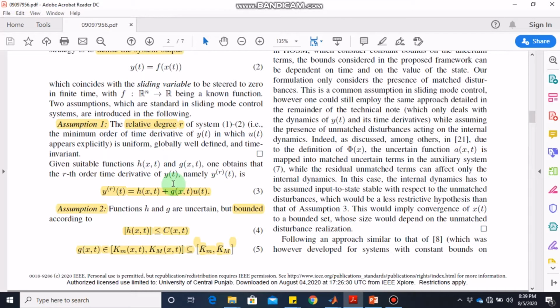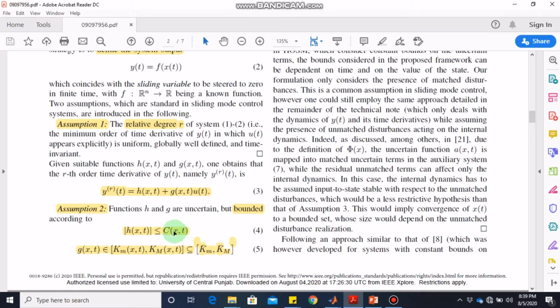The second assumption is that the functions h and g in general will be unknown or uncertain, but their magnitude should have some upper bound, which might depend upon the state variable and also the time variable.